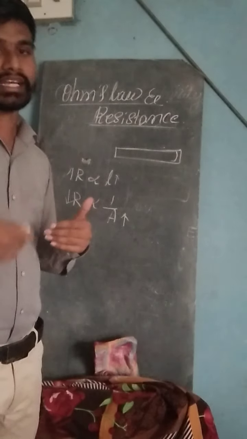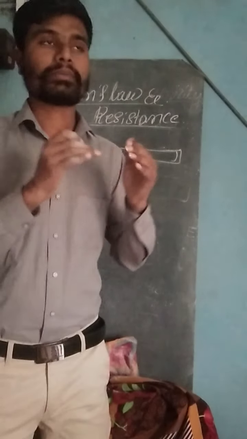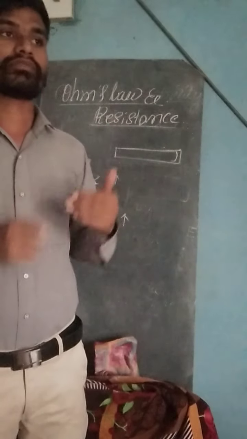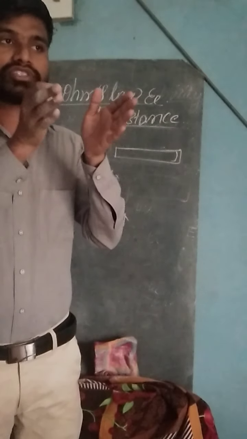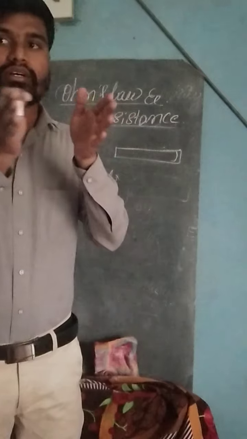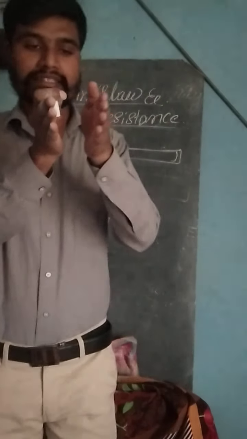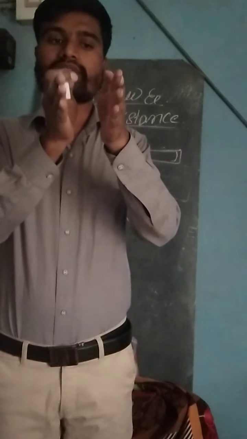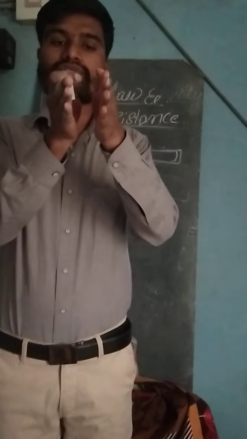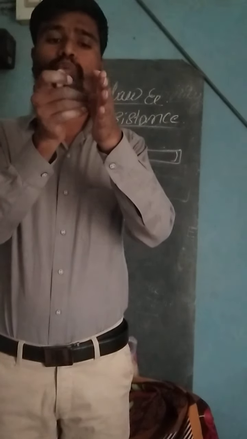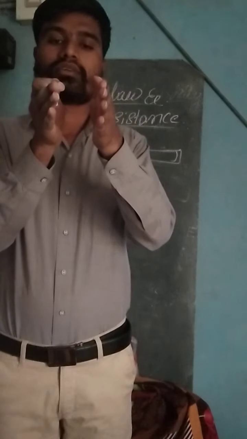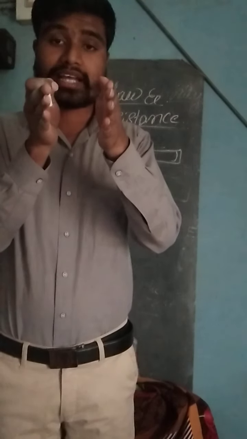I have given one example. If some people are standing in front of me, then the area of cross section is small. Between two walls, this is one wall, this is the second wall. If the area of cross section is very small, two people are standing in front of me. Imagine I am a current.